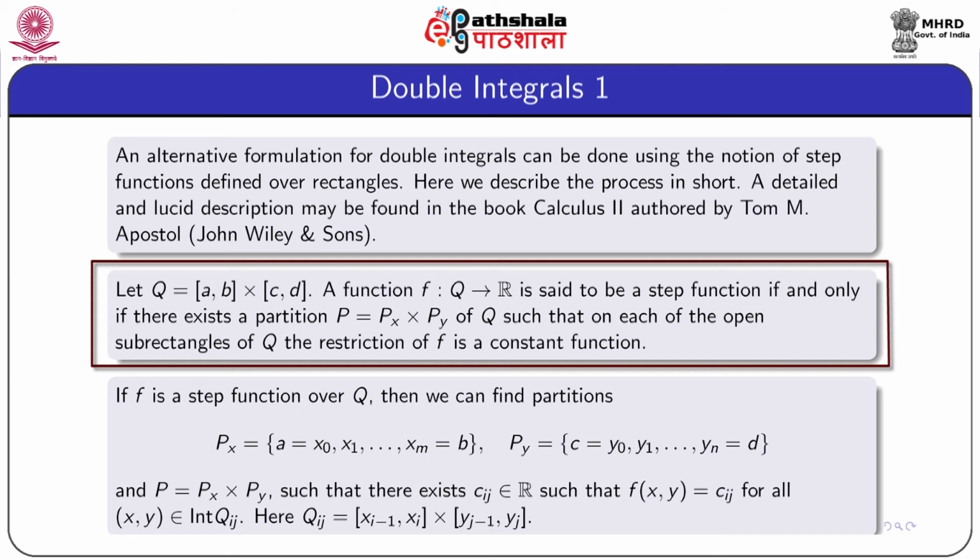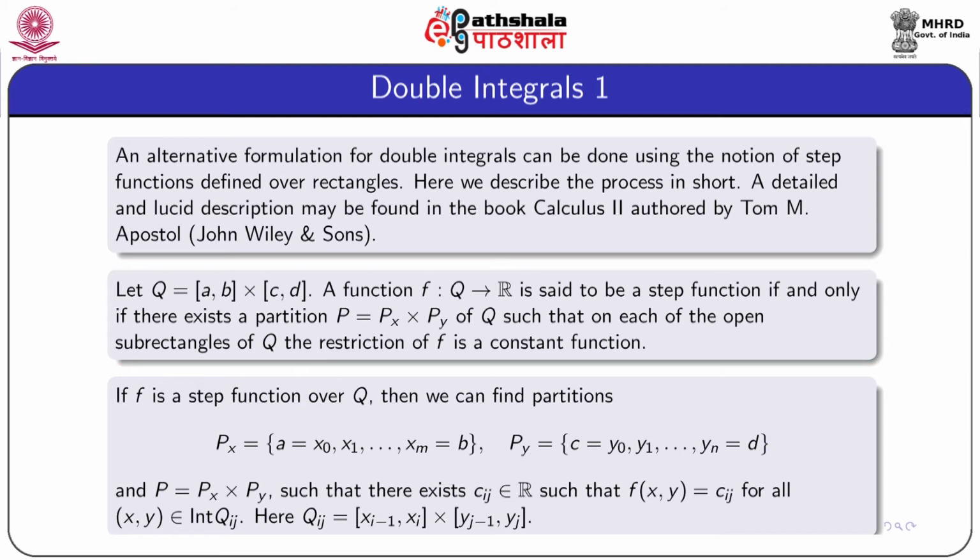Let Q equal [a,b] cross [c,d]. A real valued function defined over Q is said to be a step function if and only if there exists a partition P equal to Px times Py of Q such that on each of the open subrectangles of Q the restriction of f is a constant function.